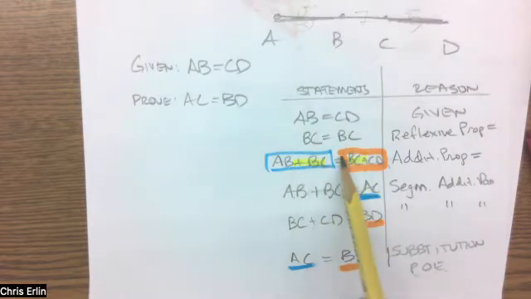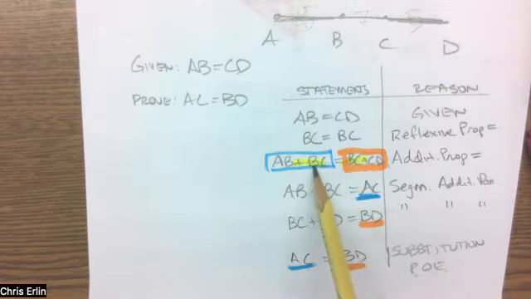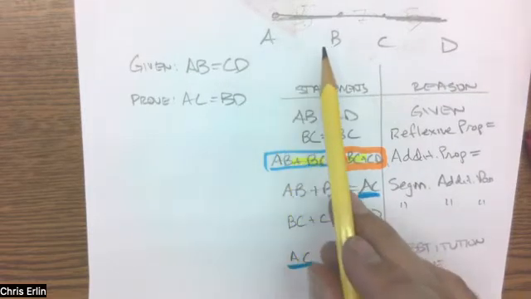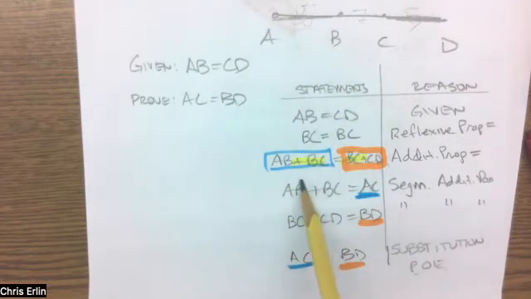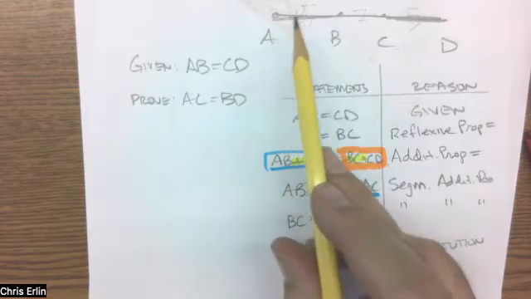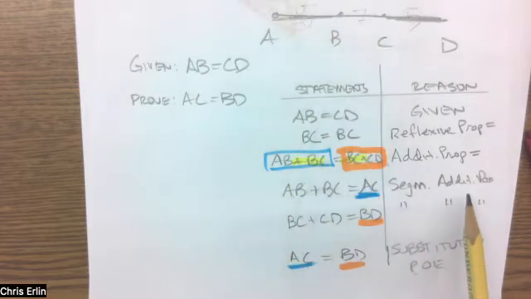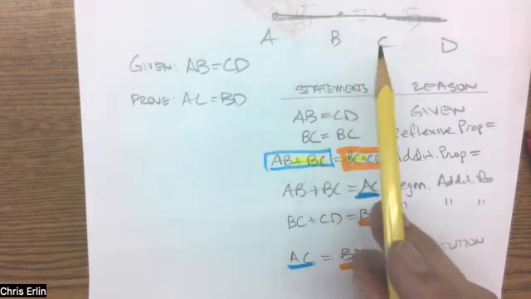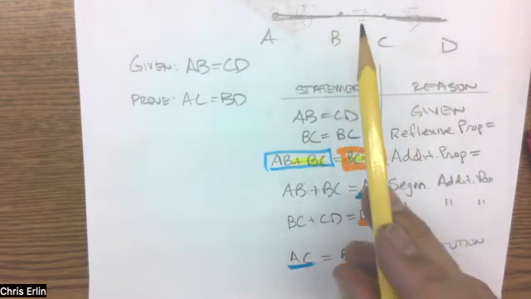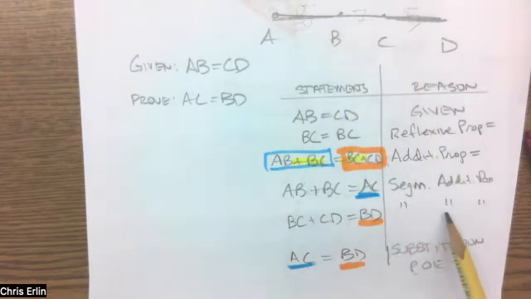Just doing it algebraically. I recognize that I've created on the left here AB plus BC, which I know is the same as AC because of the segment addition postulate. And I know on the right, I've got BC plus CD, which I know is equal to BD because of the segment addition postulate.